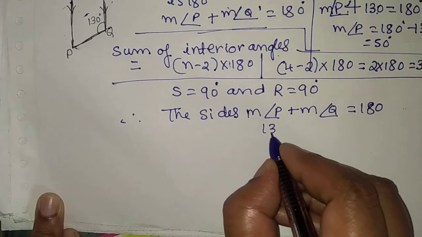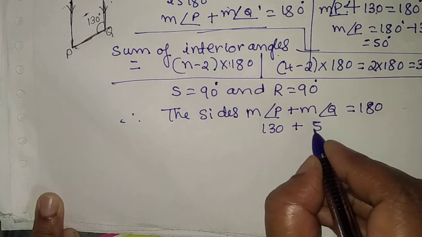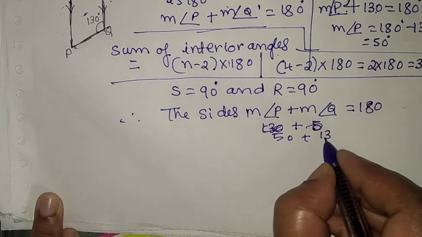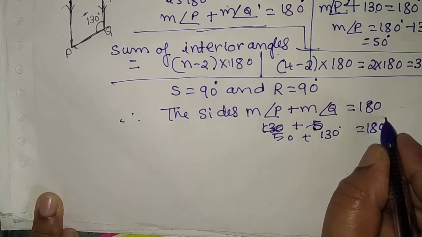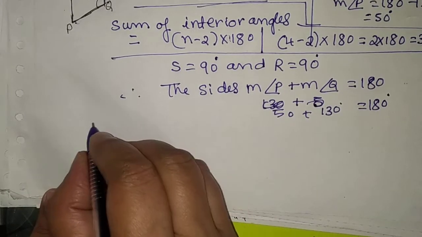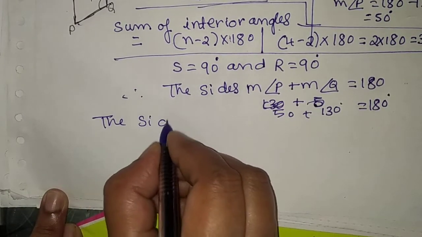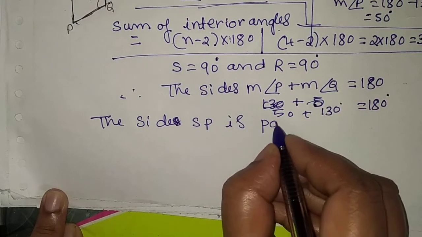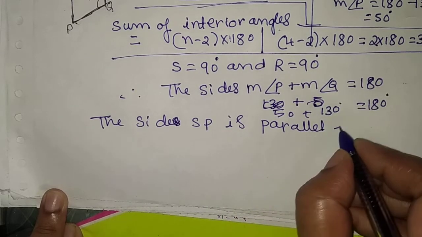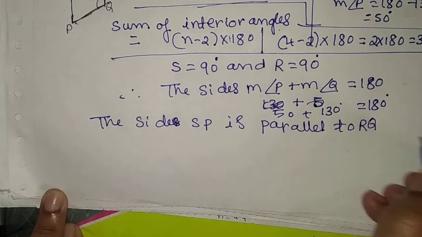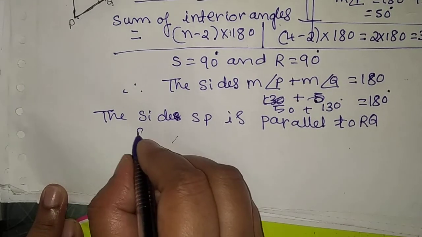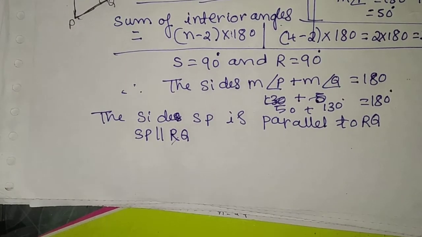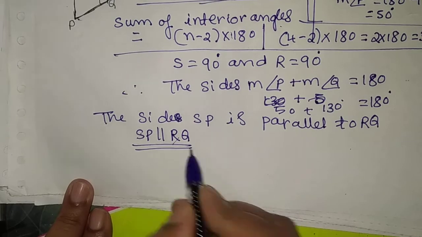So we know that this one is 130 and this one is 50, so we get 180. So the side SP is parallel to which one? RQ. So we can write SP parallel to RQ. This is the last step of the problem.